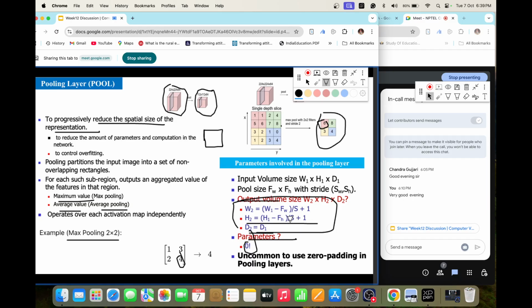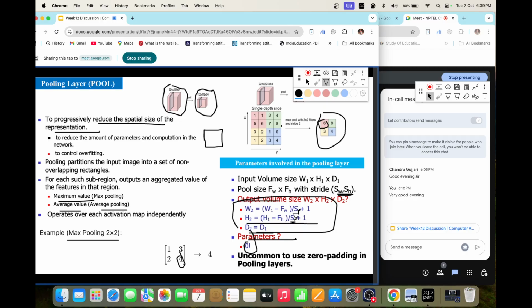Stride, yes. SW or SH, sir? For the calculation of W2, it is S. SW and SH are the same thing. The stride is given over here, right? So it will be SW here and SH here, but the same thing.